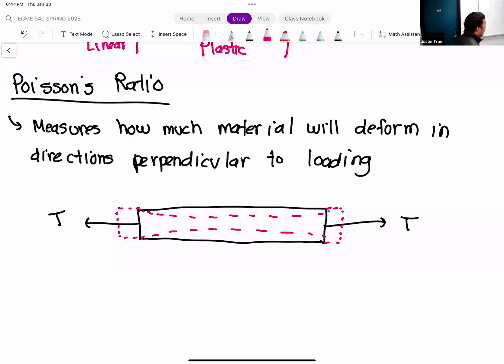Now I've exaggerated it here, so usually it's not to this extreme, unless you're pulling a lot. But the Poisson's ratio determines the behavior of how material shifts around, and you have deformation in a different direction than the loading itself.